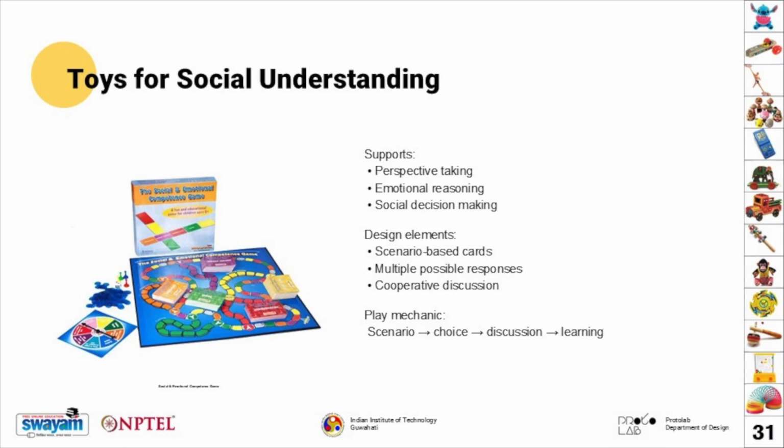They learn consequences through conversation, not correction. This builds reasoning about emotions rather than memorizing rules. The toy supports learning through shared thinking. It trains judgment, not obedience, which can then be applied to real life situations.